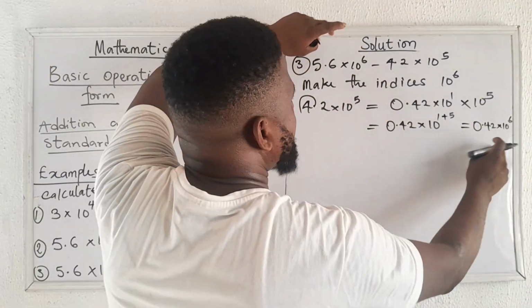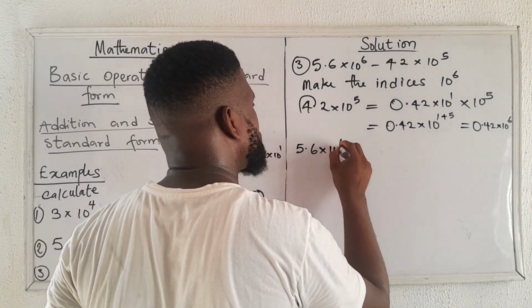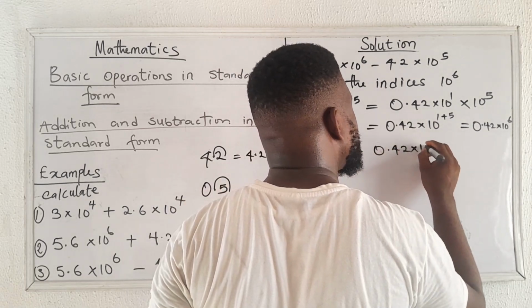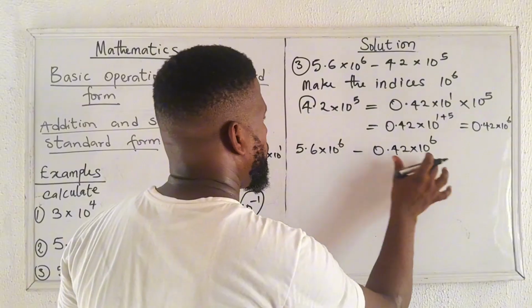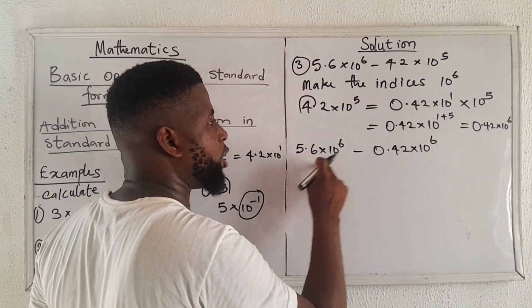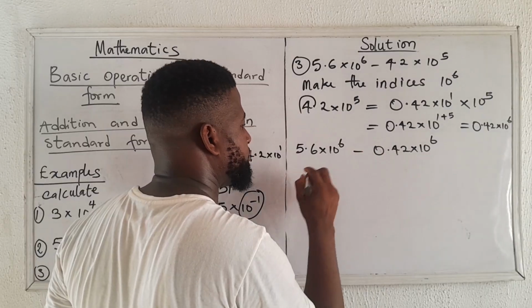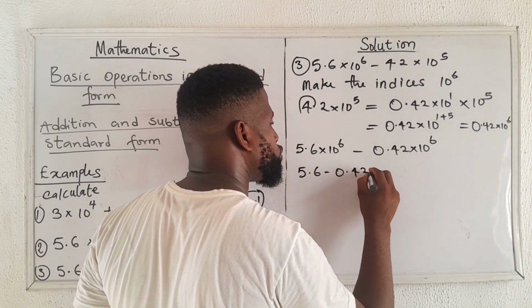Now, their indices are now the same. We now have 5.6 times 10 raised to the power 6 minus 0.42 times 10 raised to the power 6, right? We then go ahead to subtract the two A's, that is the two numbers at the front. We have 5.6 minus 0.42, right?